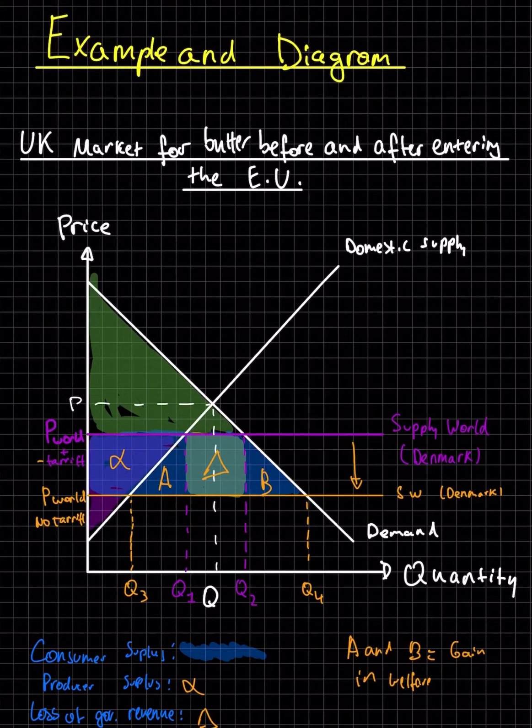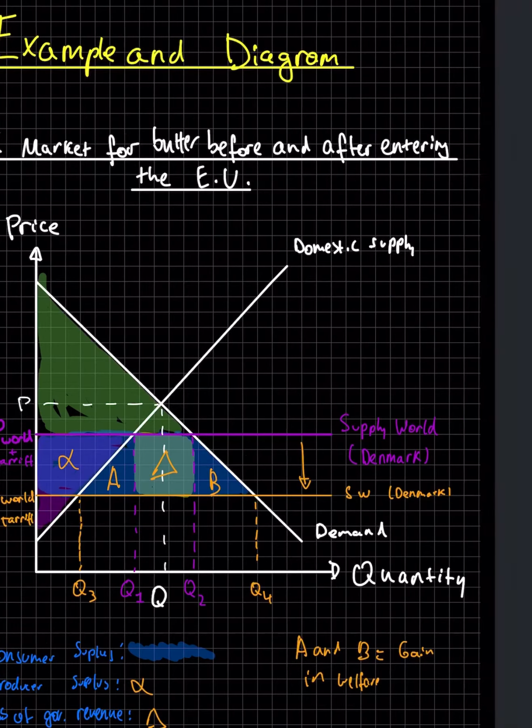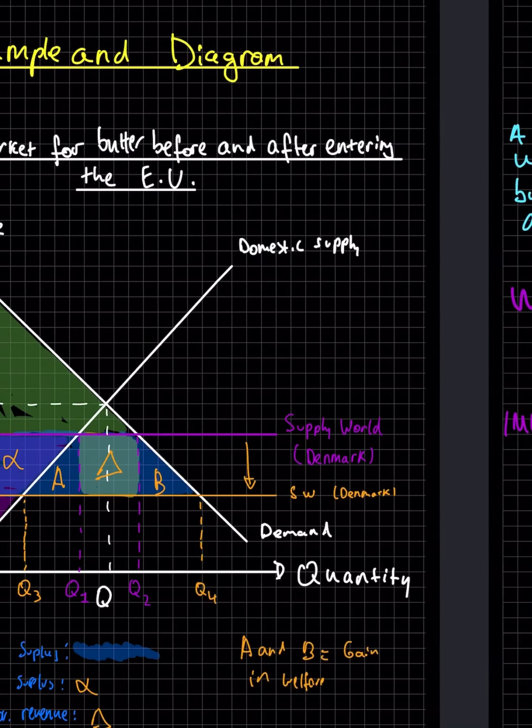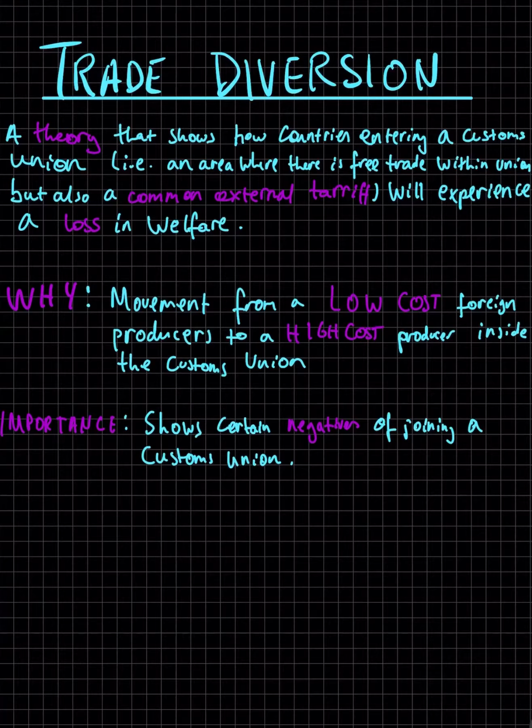So this is obviously a benefit of entering a trade agreement, but there are also some cons. And this is best shown with trade diversion. This is the other end of the scale, a theory that shows how countries entering a customs union or a common market or monetary union, i.e., an area where there's free trade within unions, but also a common external tariff, will experience a loss in welfare.